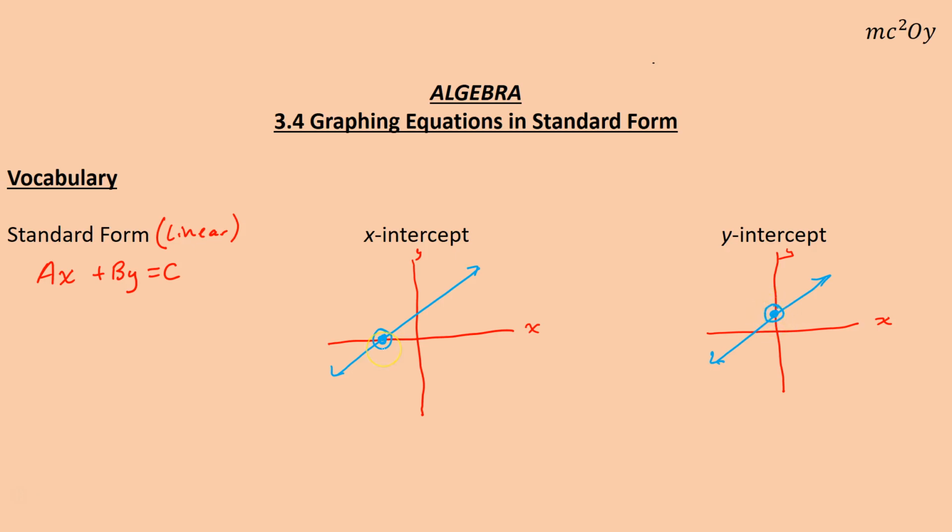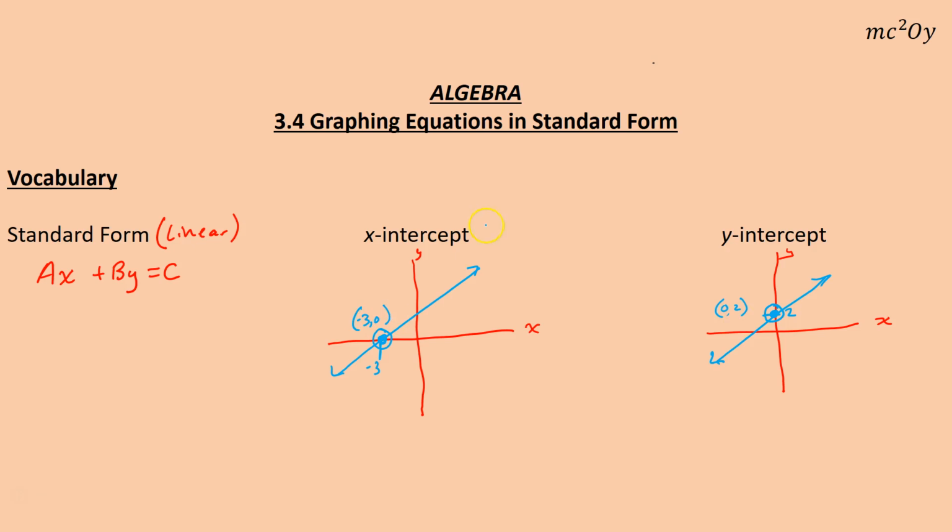And it's important to note, if we were to label these, say maybe this crosses at -3, and maybe this one crosses at 2, this line would have an x-intercept at (-3, 0). And this line would have a y-intercept at (0, 2). So you'll note that both of them have zeros.